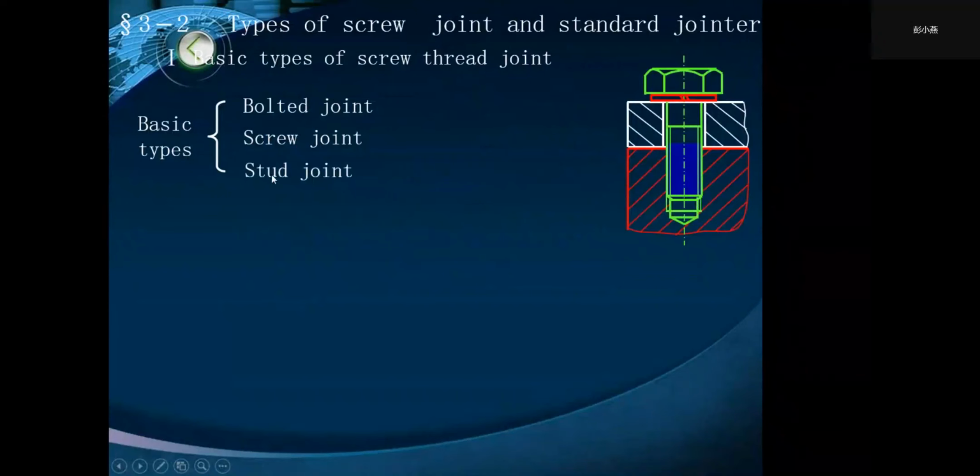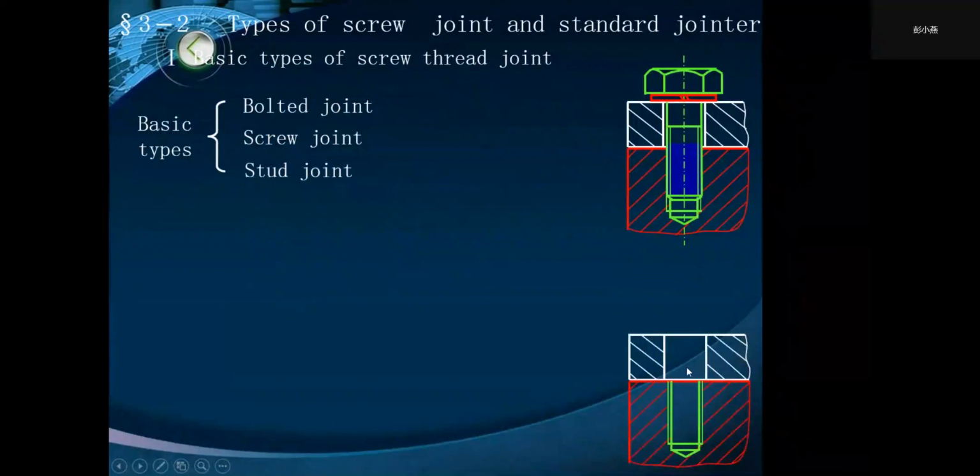And the stud joint is a stationary bolt attached permanently to one of the members to be joined.